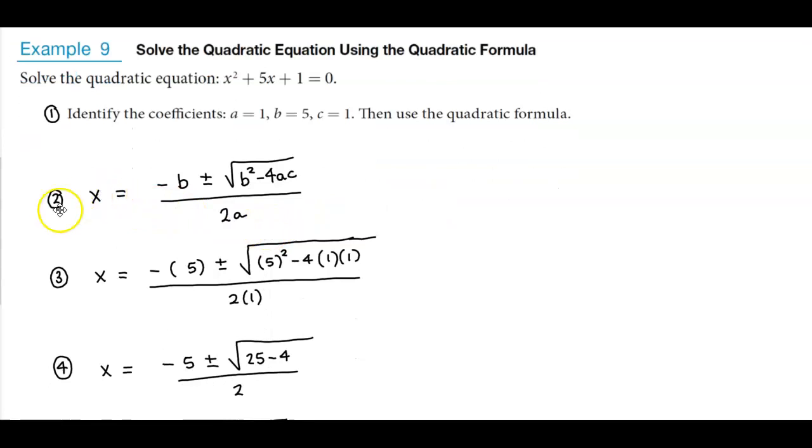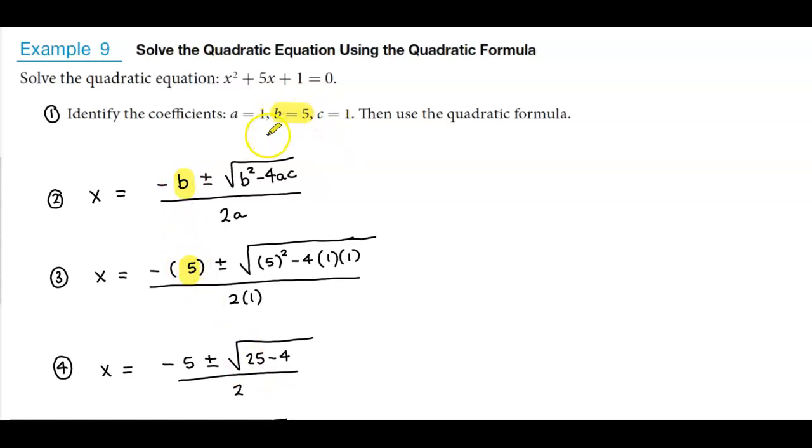So we're going to write down what the quadratic formula is, and then we're going to substitute. So b, we're going to put in parentheses as 5, and negative is a fixed number. Let's go ahead and represent this using a highlighter here. The value of b is 5, so we put in 5.